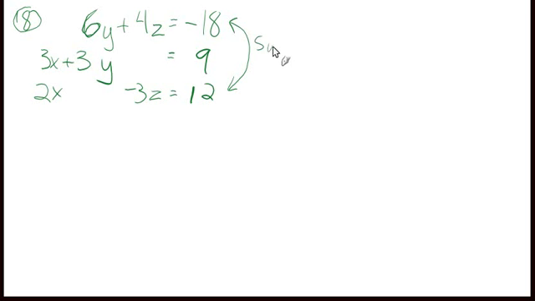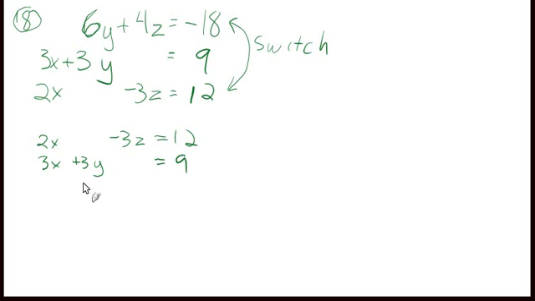That's that first elementary row operation that we can do. So 2x and then a minus 3z equals 12. The second one will leave the same, 3x plus 3y equals 9. And this, nope, we don't want that.